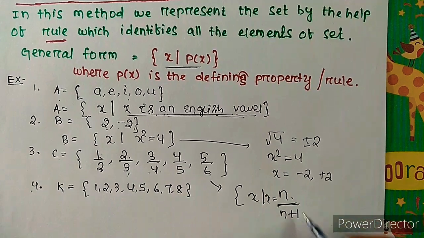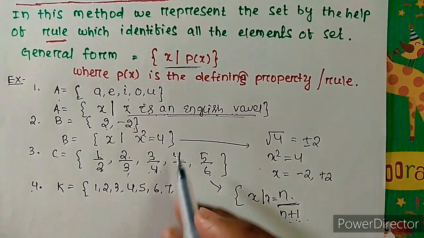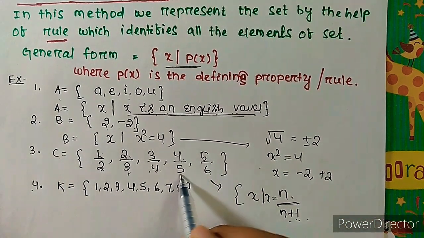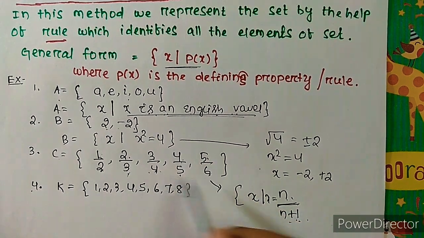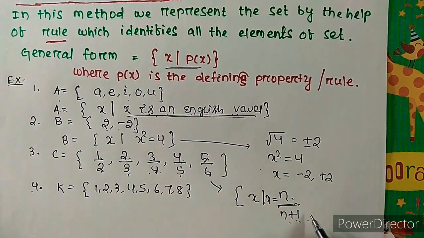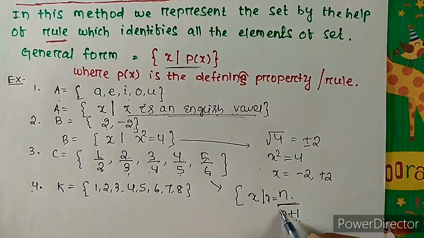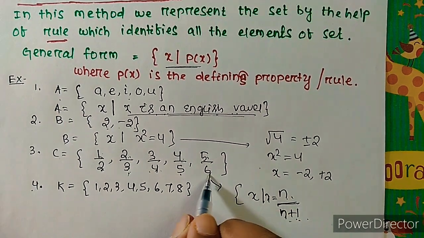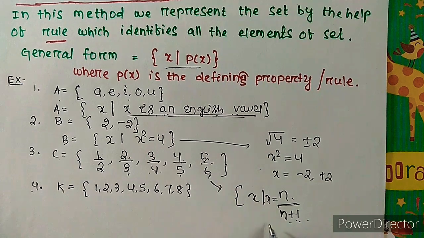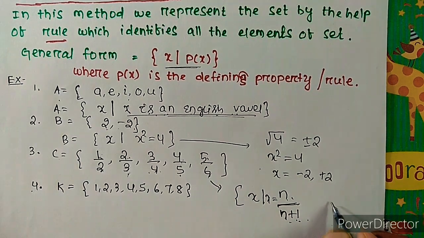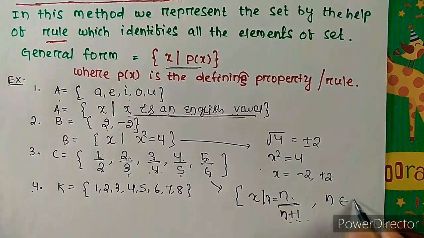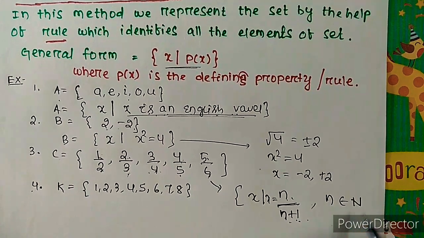In the numerator there is n, and in the denominator there is n plus 1, like 4 and 4 plus 1, 5 plus 1, 2 plus 1. But here we have to write up to which n is taken. Yes, up to 6 it is taken. So here n belongs to capital N.